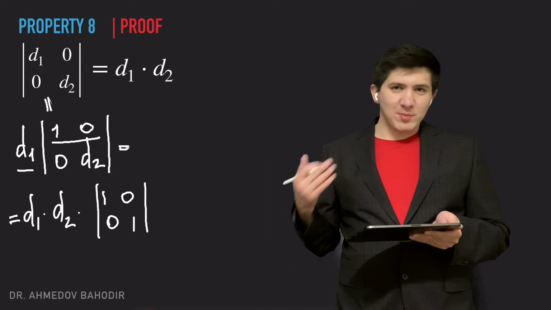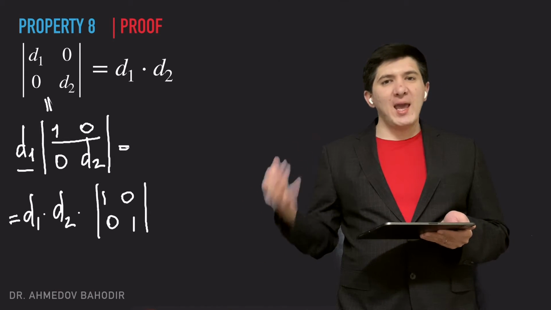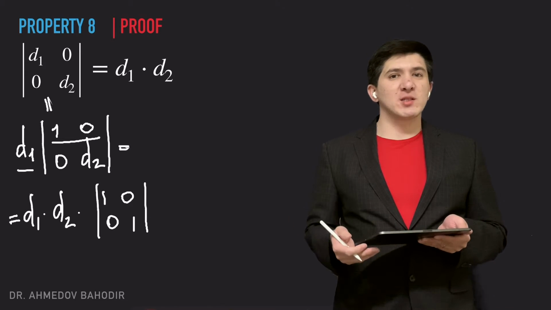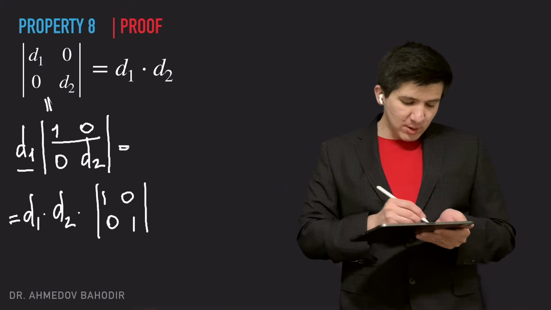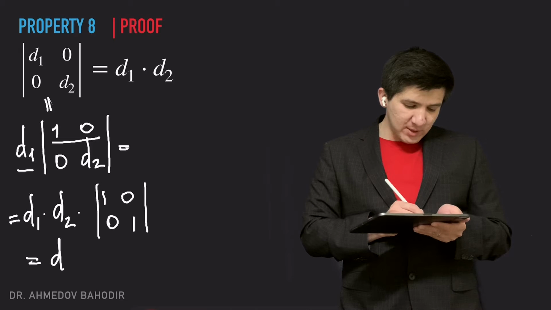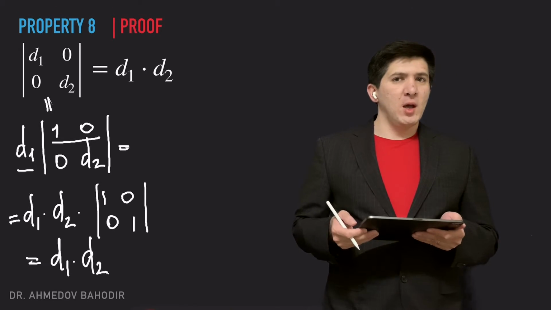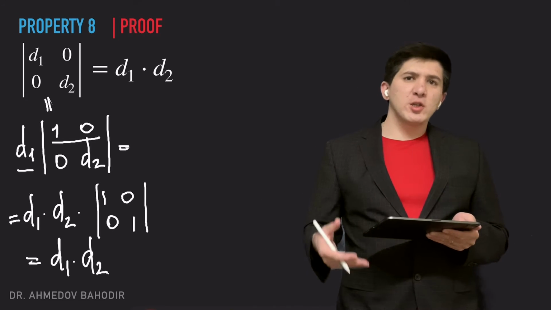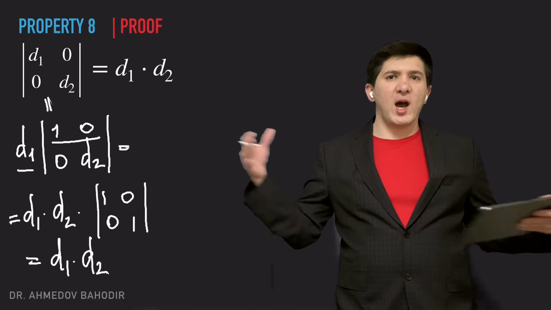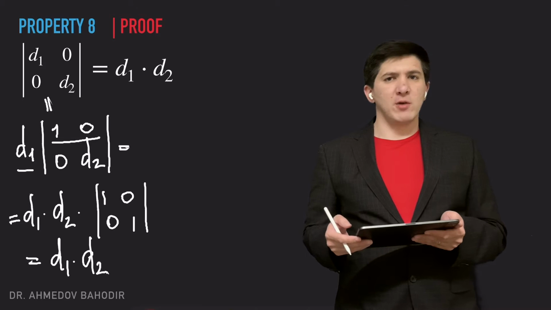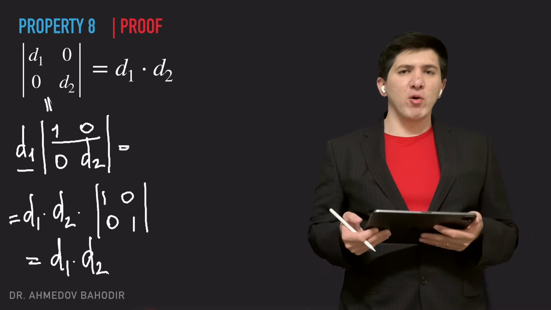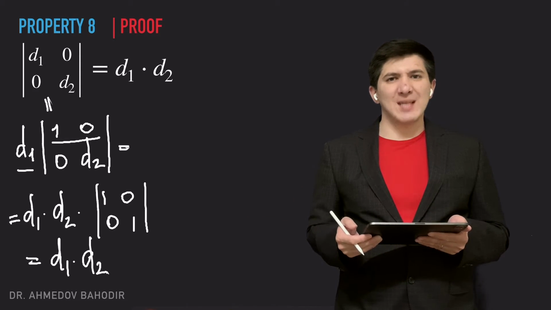Now I'm going to use property number 1, which tells you that the determinant of the identity matrix is equal to 1. That is why the determinant of the whole diagonal matrix is going to be equal to D1 times D2. You can prove the determinant of a diagonal matrix for the higher cases in the same way. For the 3 by 3 case or 4 by 4 case, the proof is going to be the same.